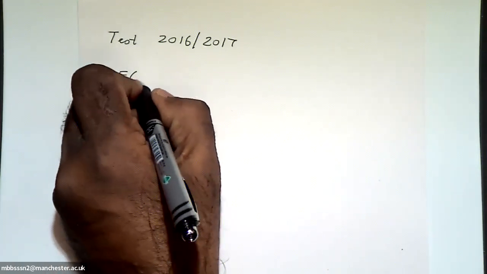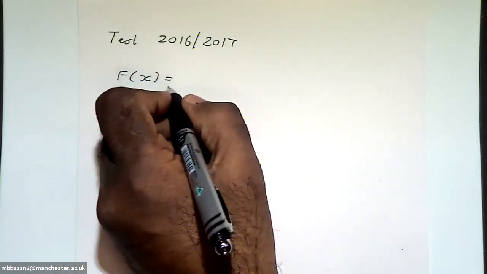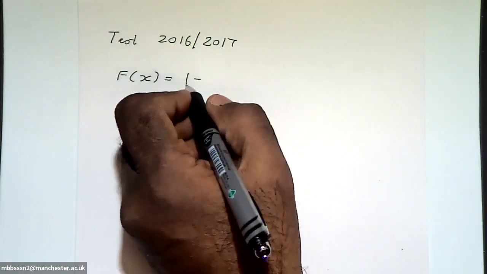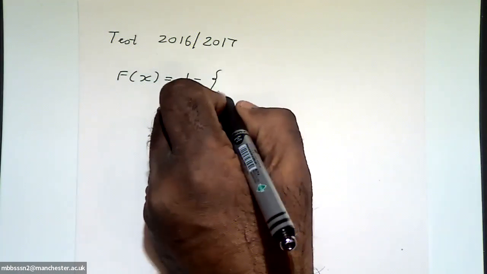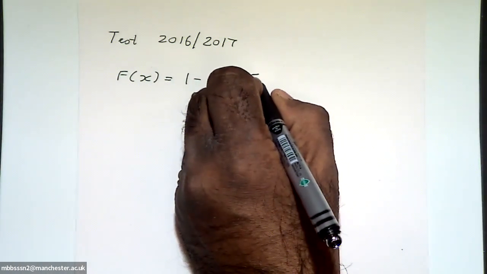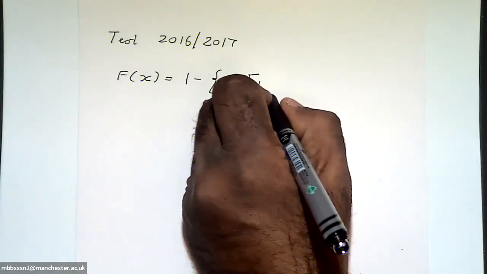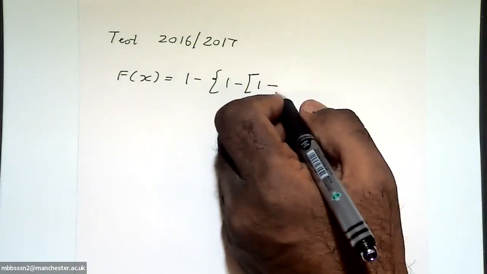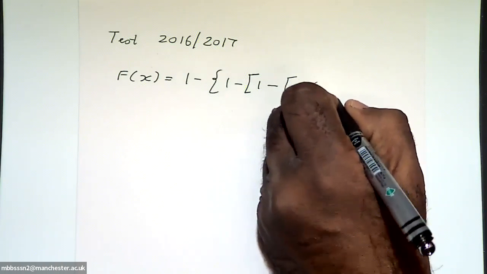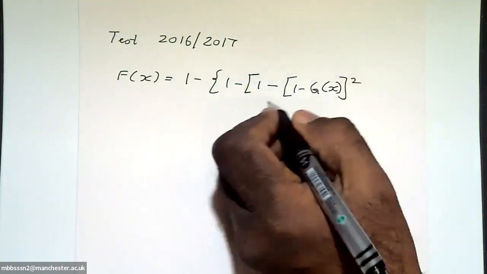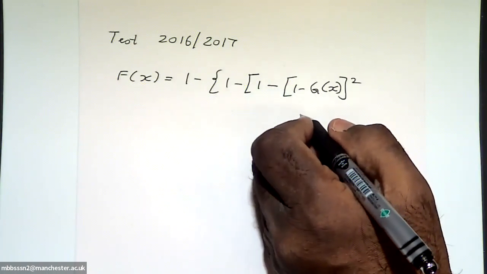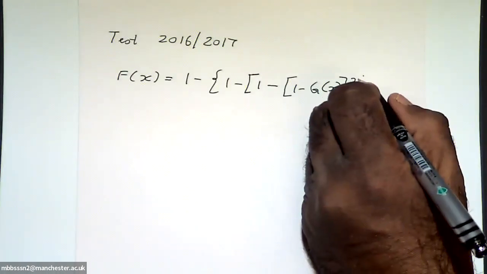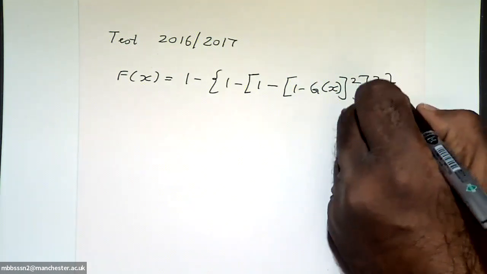So you're told that f of x is equal to 1 minus, there are too many brackets here, 1 minus 1 minus 1 minus g of x squared, then cube, then to the power 4, right?